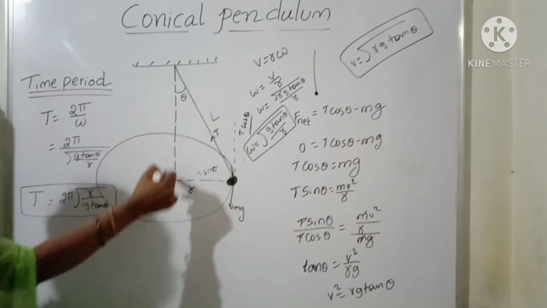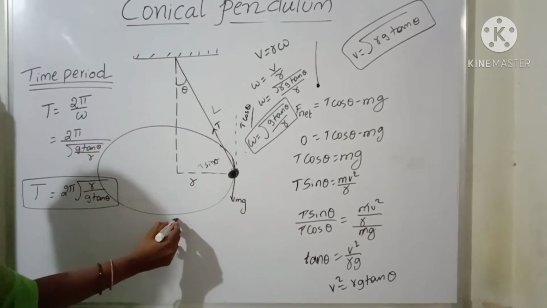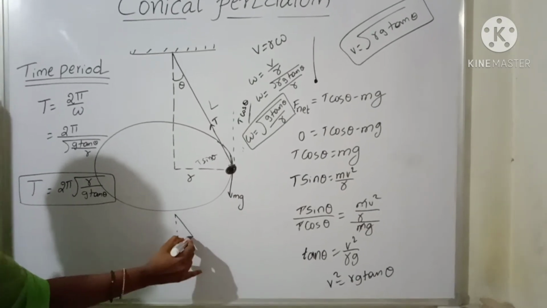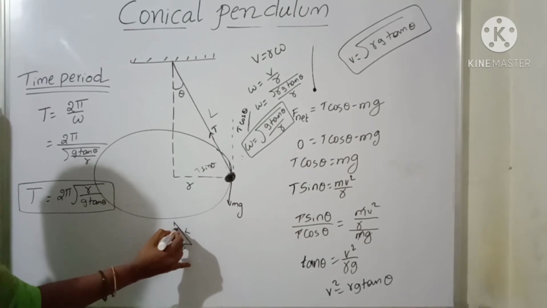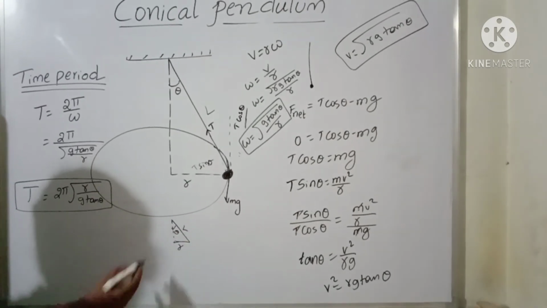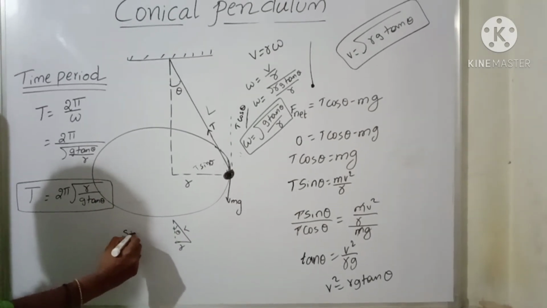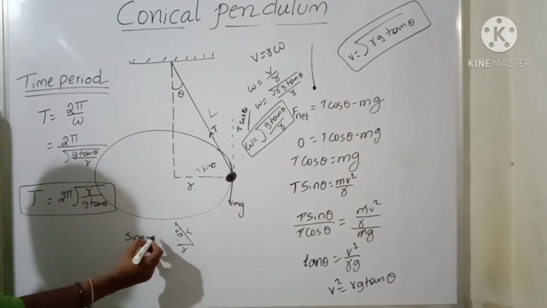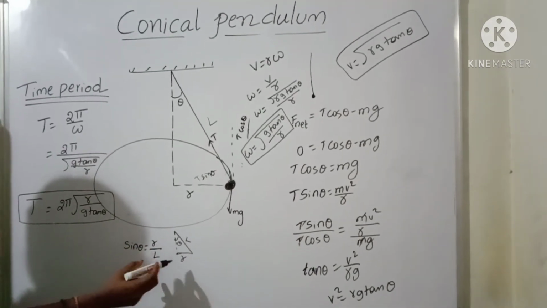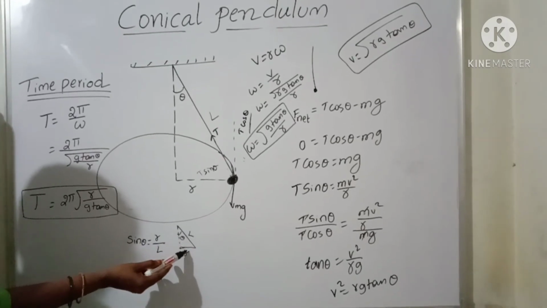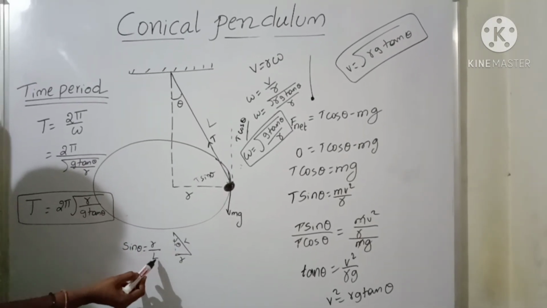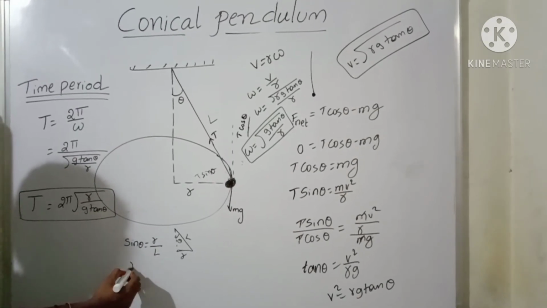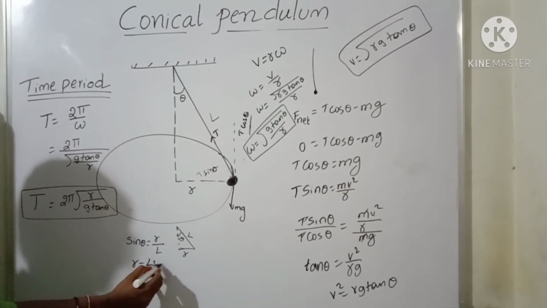So this is a triangle. See the triangle with the radius, the length, and here this is theta. You know that sin theta equals opposite by hypotenuse. From this, r equals L sin theta.